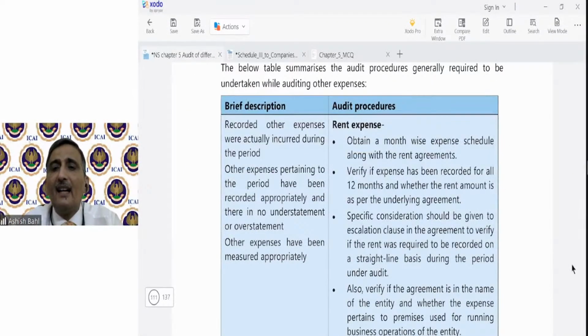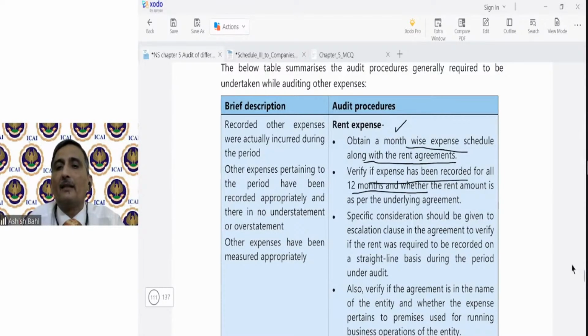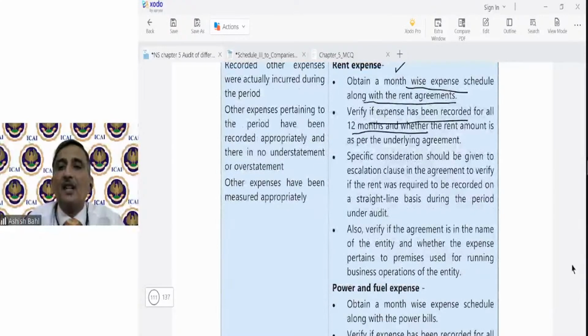So again, these are all the same usual procedures, usual stuff which we have discussed. Obtain, like for rent, a month-wise expense schedule along with rent agreements. Verify if expense has been recorded for 12 months. Okay. Now specific consideration should be given to the escalation clause.